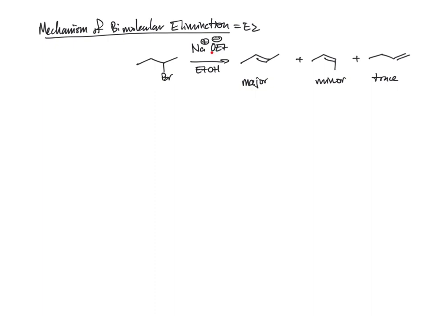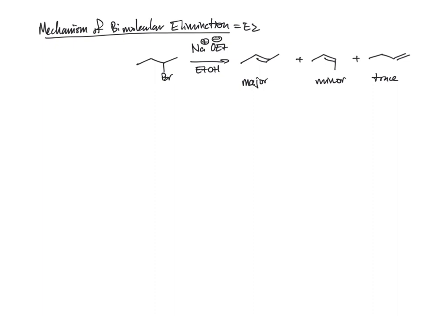Bases are typically substances that have a negative charge on a heteroatom like this. So things like ethoxide, methoxide are typically acting as bases. And again, that is the difference. A base abstracts a hydrogen.